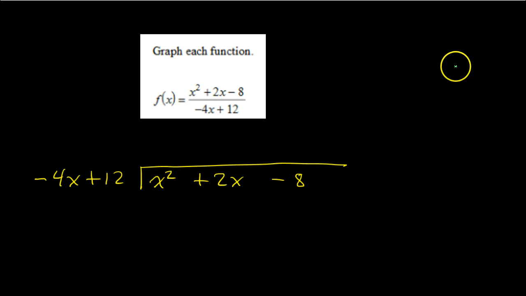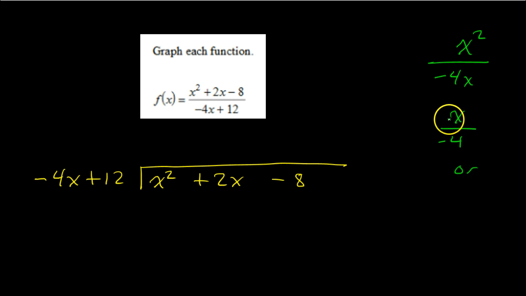So I look at these first two terms, so I've got x squared divided by negative 4x. I need to divide this by that and see what I get. So this x is going to cancel out one of these x's. So that's going to leave me with x over negative 4.